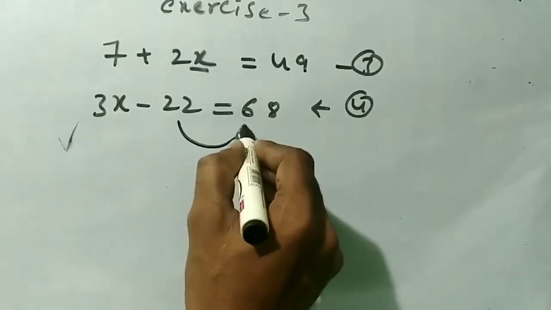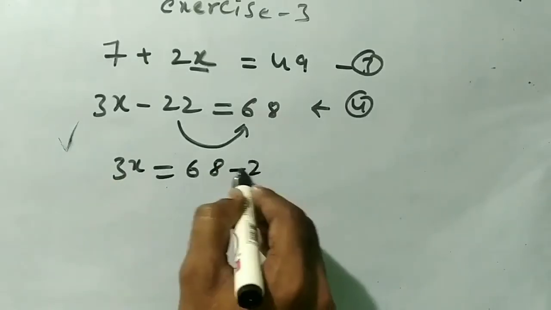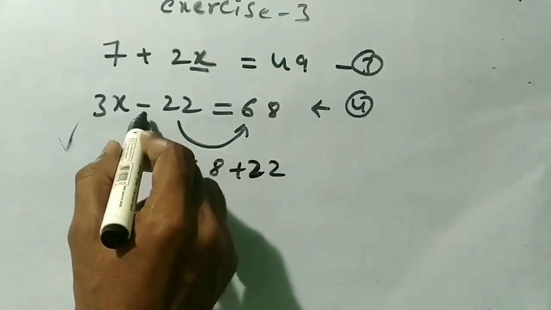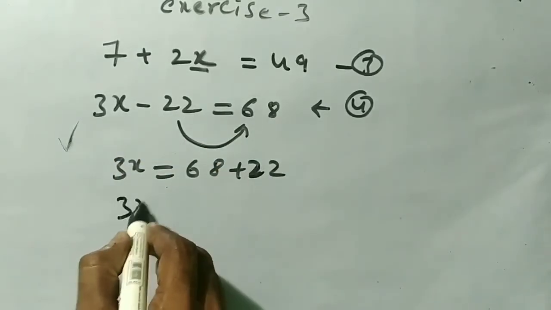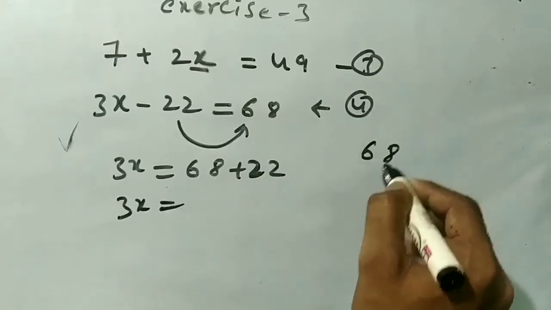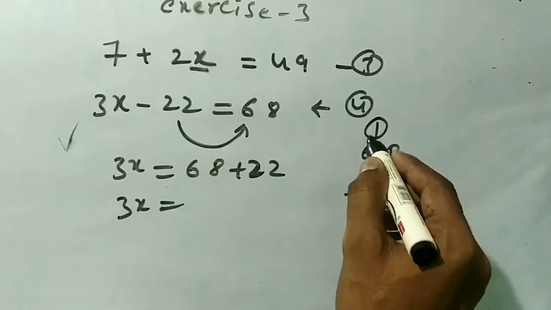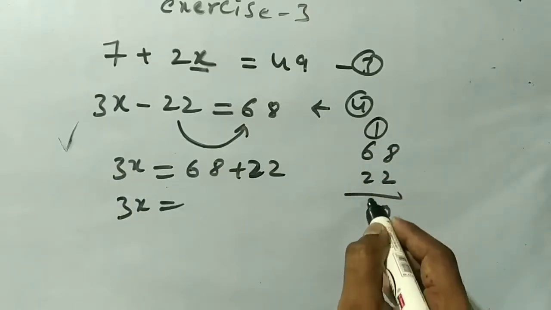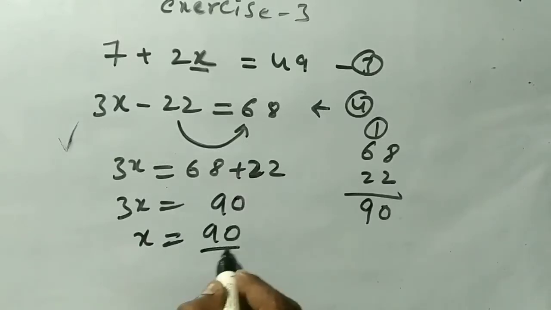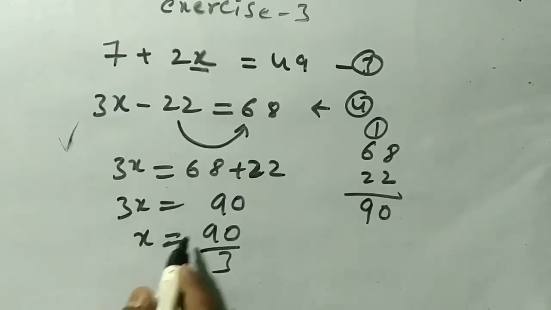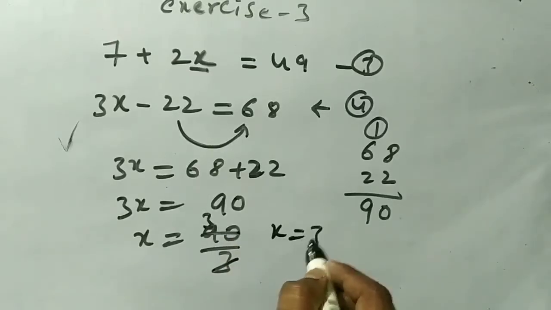When 22 goes to this side, 3x is equal to 68 plus 22, because minus 22 becomes plus when it goes to the RHS. 8 plus 2 is 10, 0, carry 1. 6 plus 1 is 7, 8, 9. So 90. So x is equal to 90 by 3, because multiplication becomes division when it goes to the RHS. 3 threes are 9, so x is equal to 30.